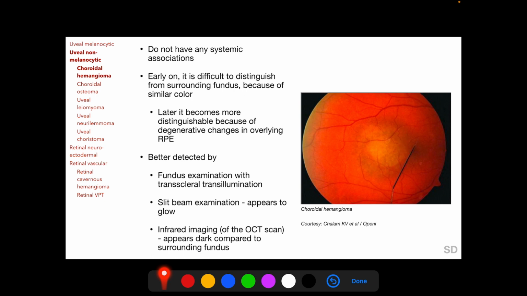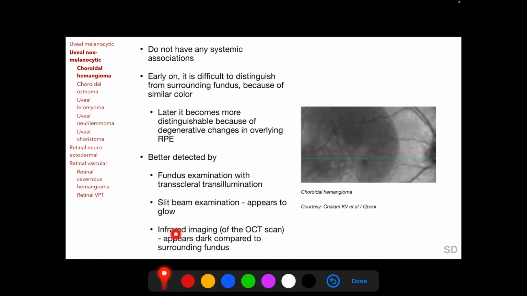The lesion is better detected by transscleral transillumination while examining the fundus, with the transillumination highlighting the entire lesion, by slit beam examination of the fundus with the lesion appearing to glow under the effect of the slit beam, and in the infrared image of the fundus as provided by most OCT machines, in which the lesion appears dark as compared to the surrounding fundus, as seen here in this photograph.